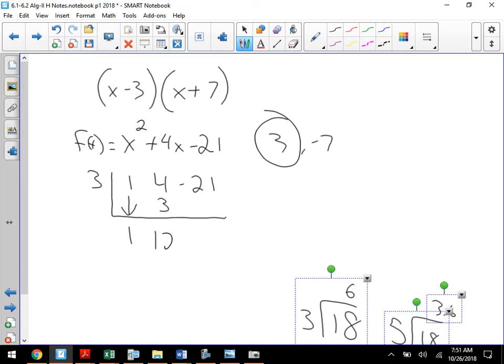Add. Excuse me. I said multiply as I was writing that. So and then I multiply. And I add. It's funny, isn't it? We just said a second ago that 3 was a 0, didn't we? 3 is a 0.